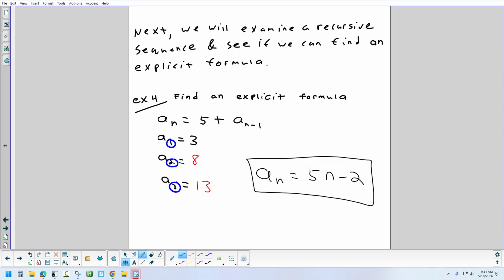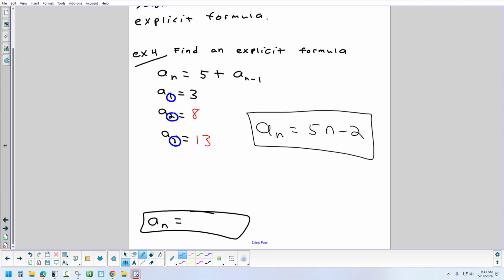Maybe it works for everything up until then, and then it stops working. Well, we can prove that it works all the time, and that's called an inductive proof. But it's not something we're going to look at. Any question on that? So that's your formula.